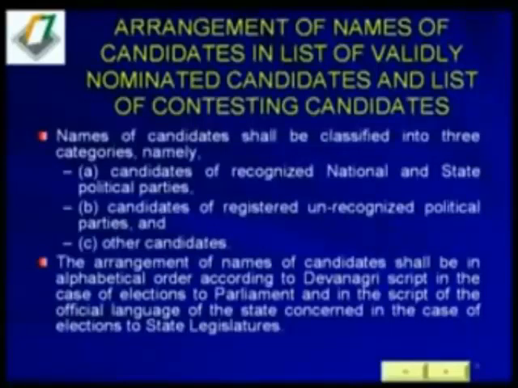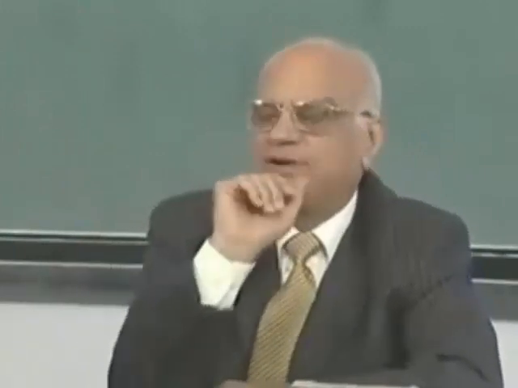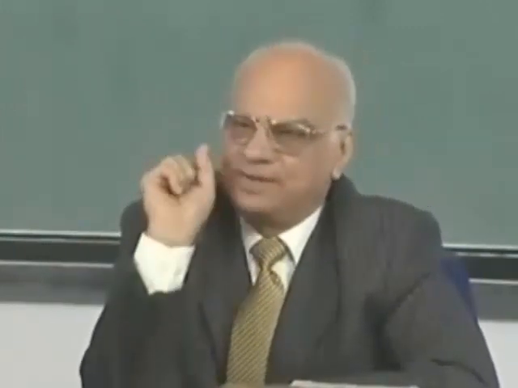This is very important now, because on the ballot paper and on the voting machine you will put their names and serial numbers, and the machine recognizes only the serial number. The machine will say serial number so and so, how many votes polled. So alphabetical arrangement has now become a very important thing.